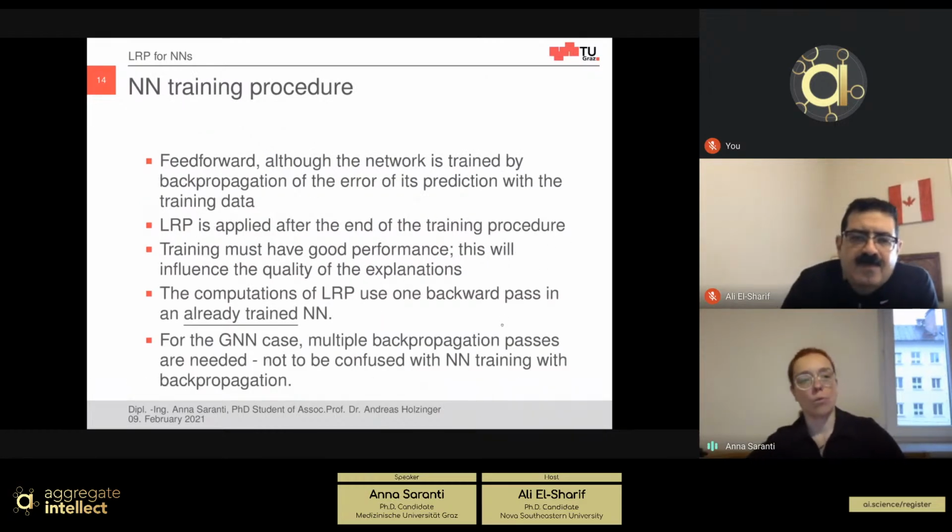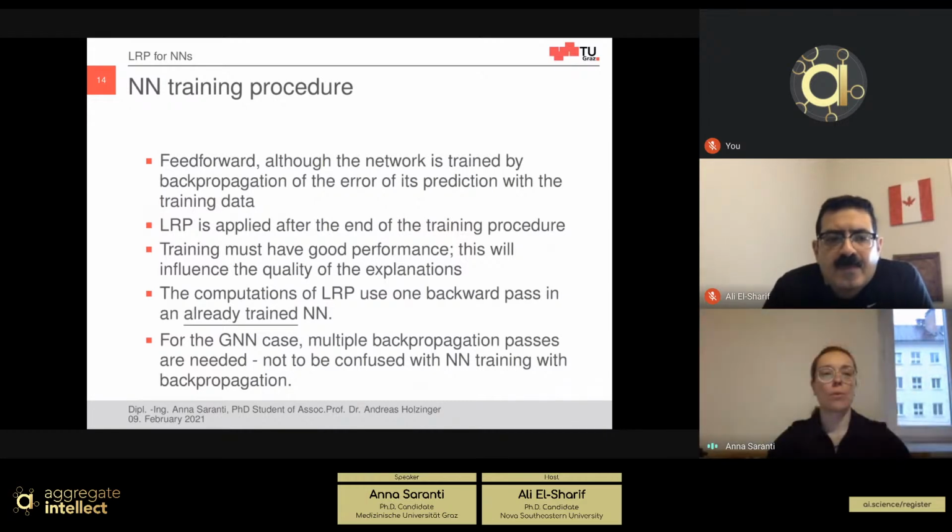Okay, now, one more thing that's very important to repeat is that the neural network training procedure is feed-forward, but the network is trained by backpropagation of the error of its prediction with the training data. LRP applies relevance backpropagation, but I would like to really put emphasis on the fact that this backward pass happens once, in an already trained neural network.